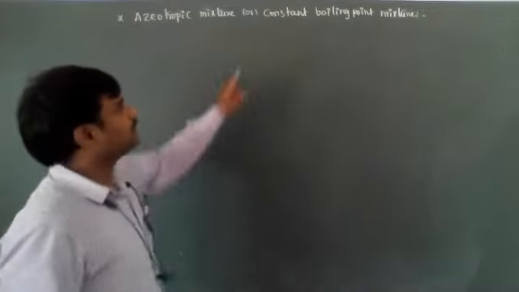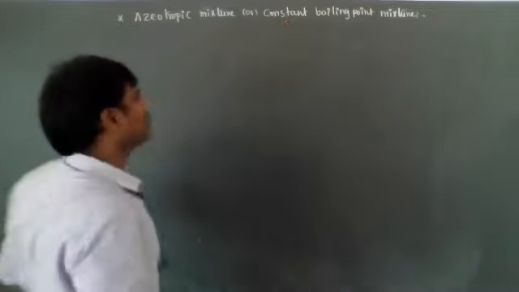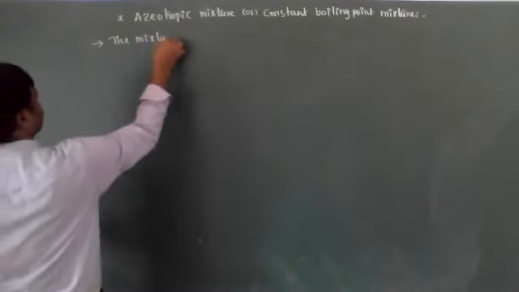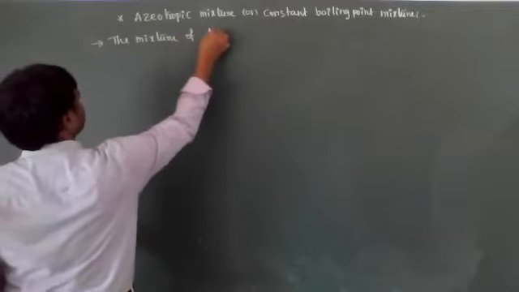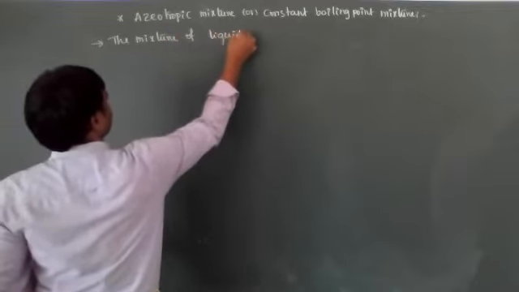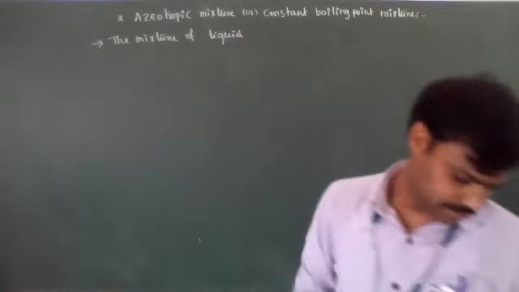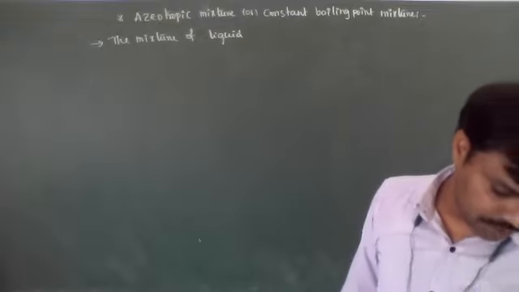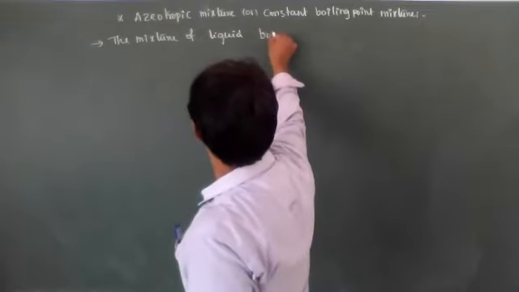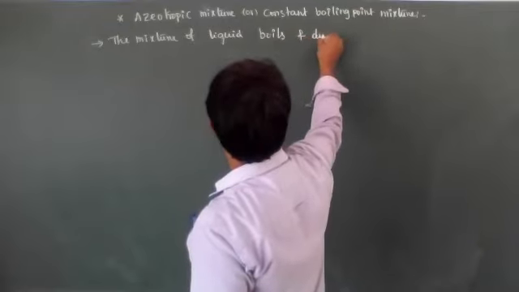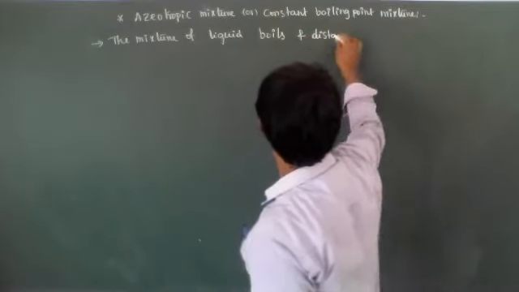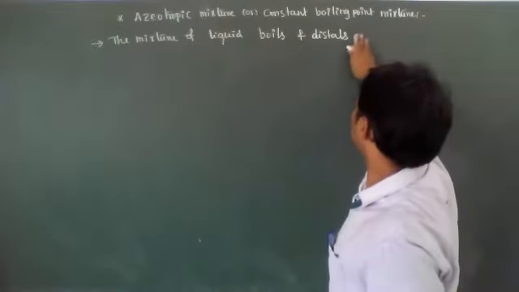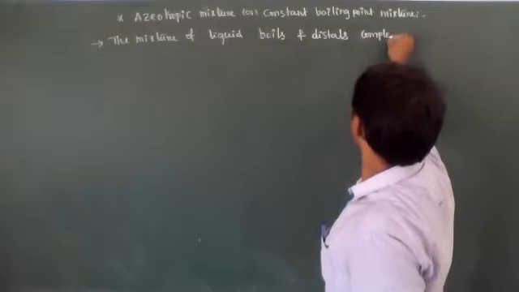Azeotropic mixtures are constant boiling point mixtures: the mixture of liquids that boils and distills completely.